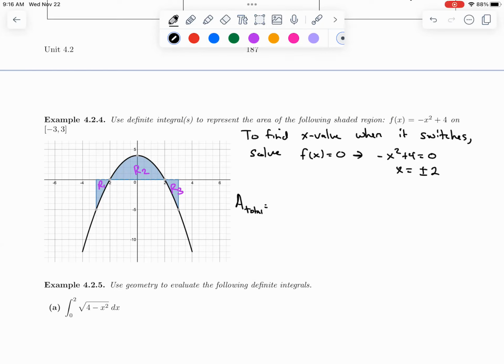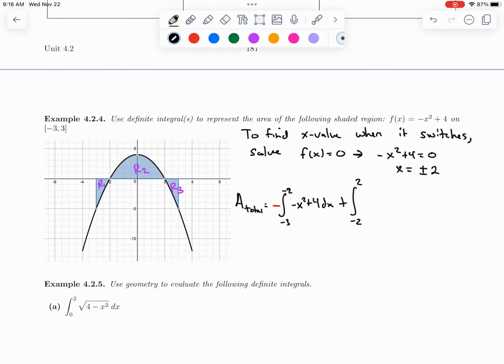So we have a negative sign in front: negative integral from -3 to -2 of negative x squared plus 4 dx, plus the integral from -2 to 2 of negative x squared plus 4 dx. That one is above the x-axis, so that definite integral will end up being the same as the area.